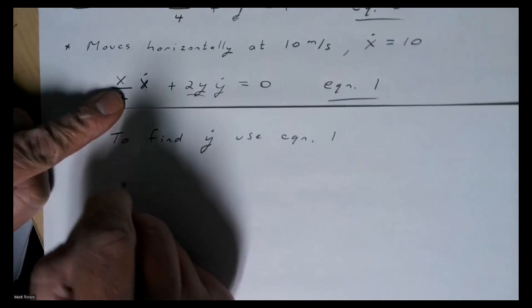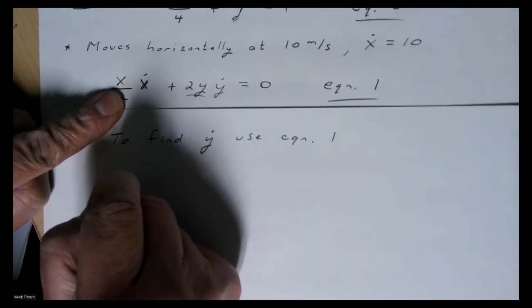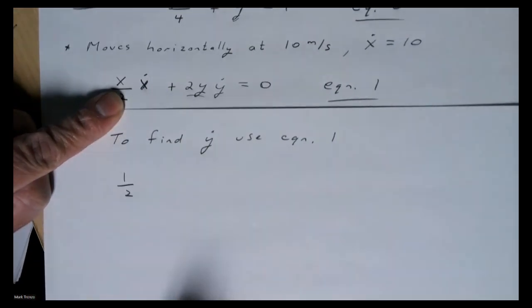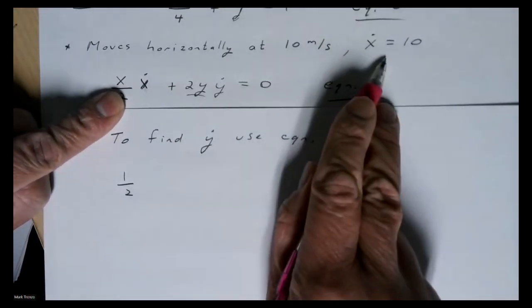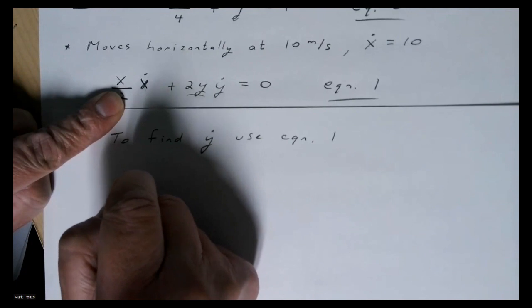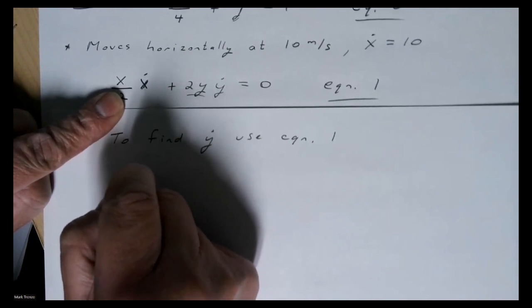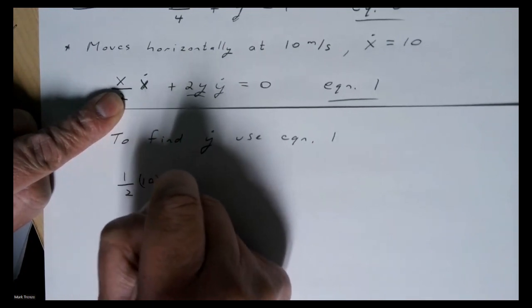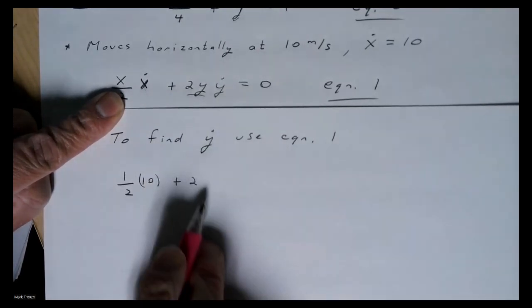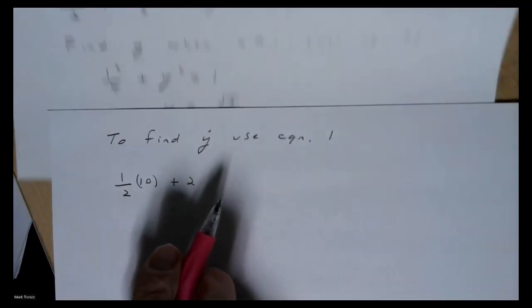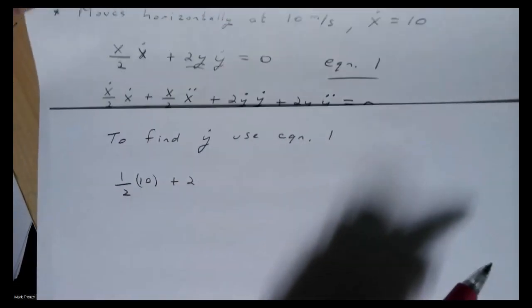And so again, we want to find that when x is 1, so this will be 1 over 2. And we know x dot is 10. And plus 2 times y, we found that y was square root of 3 over 2.